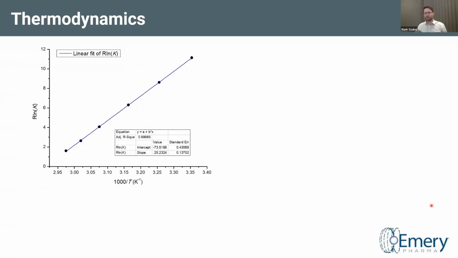From the equilibrium constants, I can fit a very nice linear fit, and the parameters in this linear fit are actually the enthalpy change and the entropy change, from which I can calculate the Gibbs free energy.